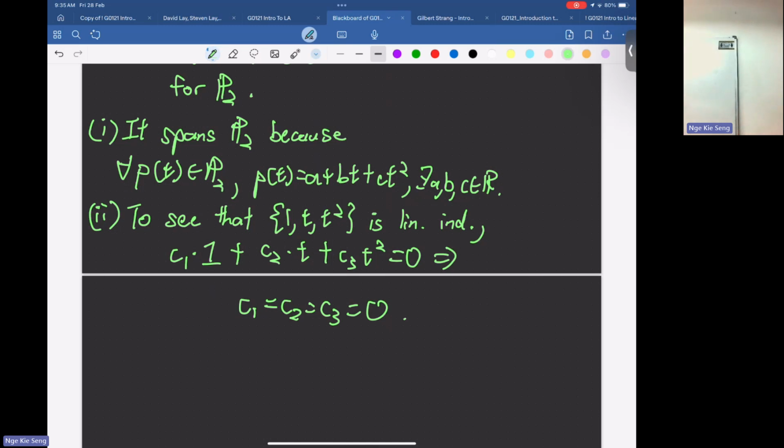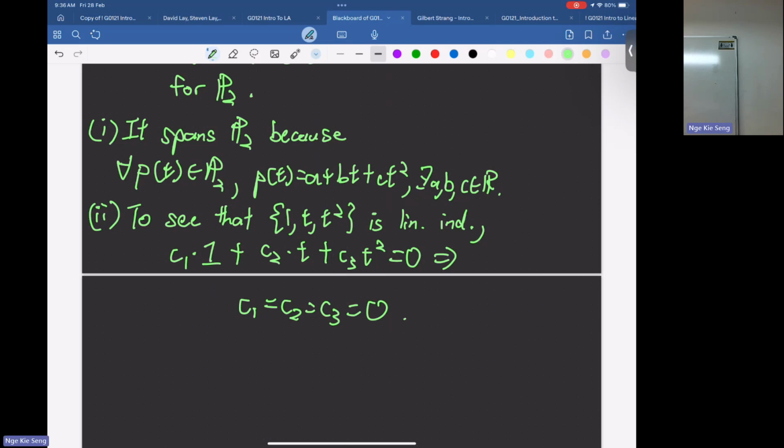But last time, what did I tell you? How do you equate two polynomials together? They must be the same in each coefficient. But here we only have 0.